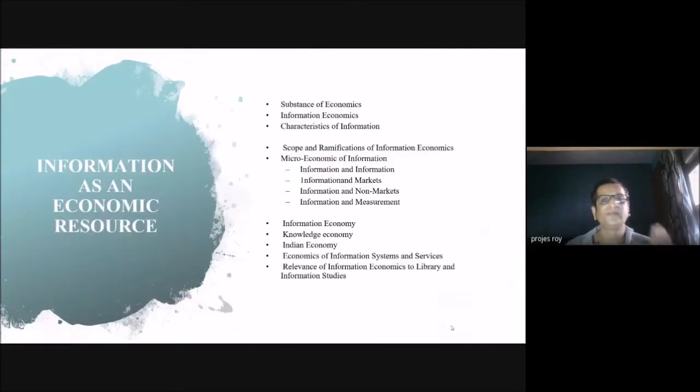Here you can understand the topics we are going to cover: substance of economics, then information economics, the characteristics of information, scope and ramifications of information economics, microeconomics of information, information and market, information and non-market, information and measurement, information economy, knowledge economy, Indian economy, economics of information systems and services, and relevance of information and economics to library and information studies.